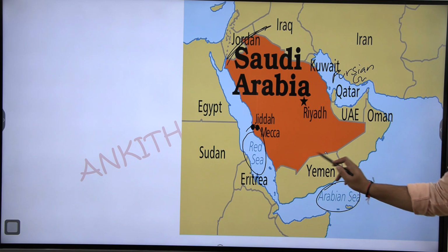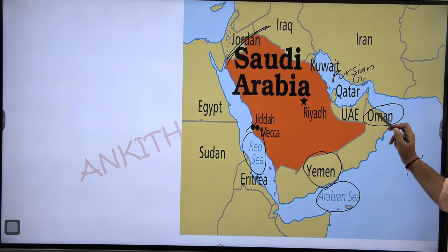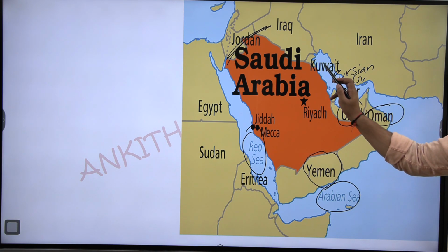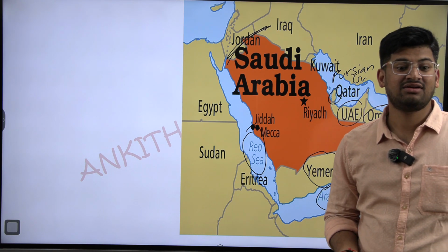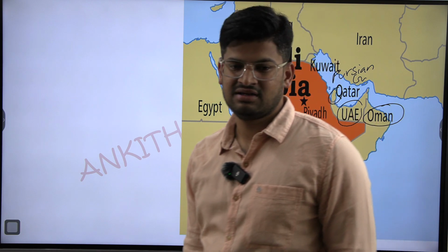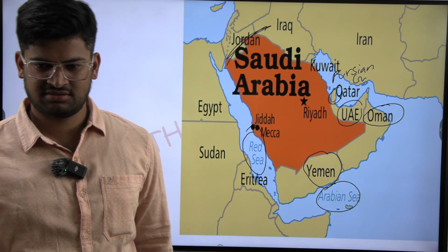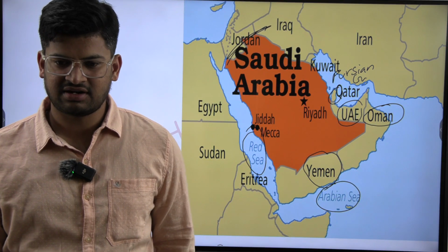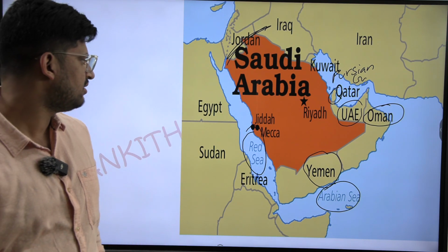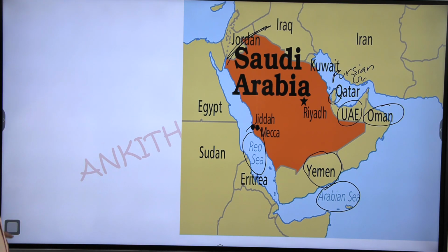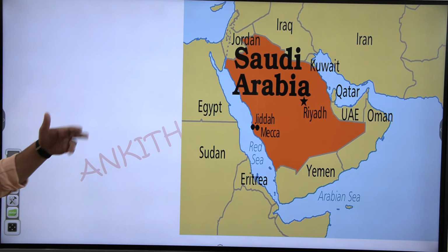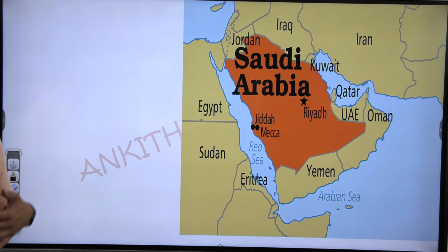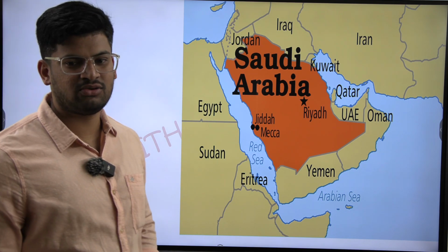So Saudi Arabia, Yemen, Oman, UAE, Kuwait, Qatar, that's why they are called Persian countries or Gulf countries, because they are surrounded by Gulfs. Okay, so these are all Arabian Peninsula, and there is a desert area, you know, and they are rich in oil. So there is a famous oil group called Gulf Oil.